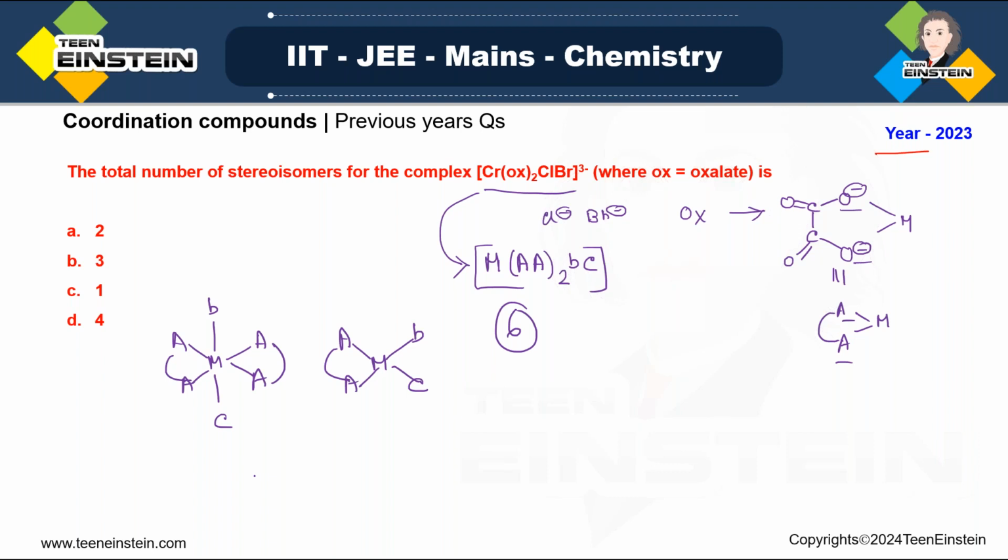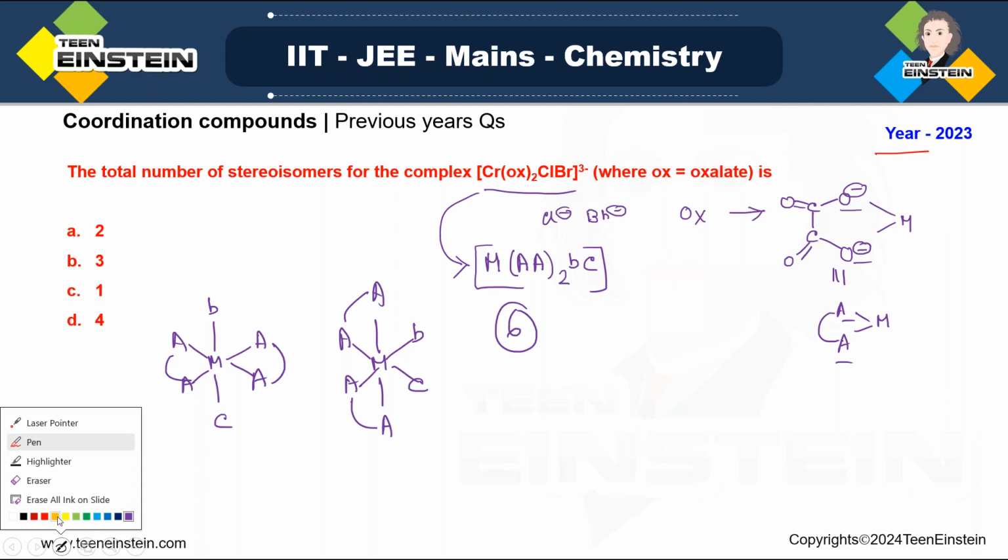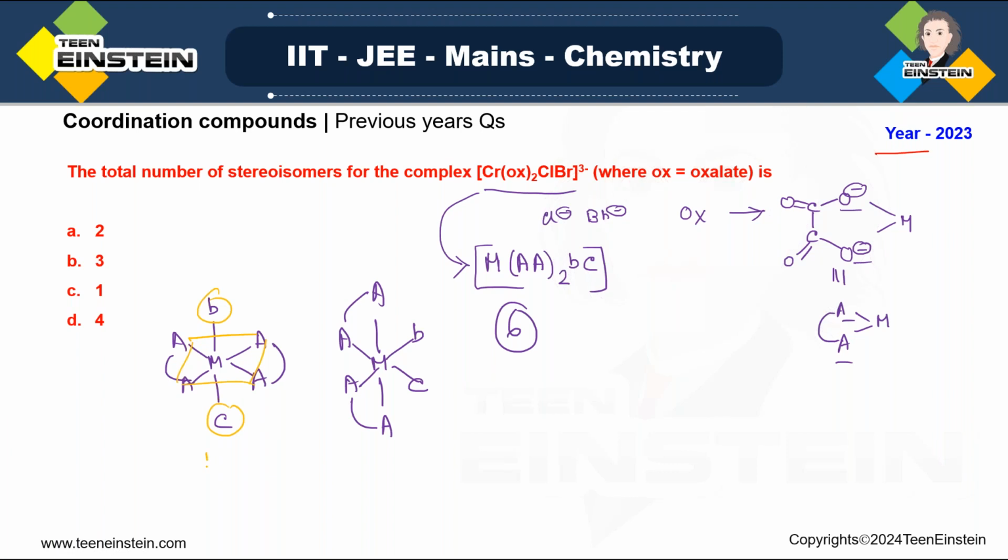Okay, one thing I have to change. When I am placing B and C in this position, the AA, that is 2 AA we have in total, it will be like this. Now if you want to get the octahedral arrangement, it is simply like this. So for these two, their relative configuration is trans. In this case the angle between these two is 180°, and in the second case it is 90°, so it is cis.